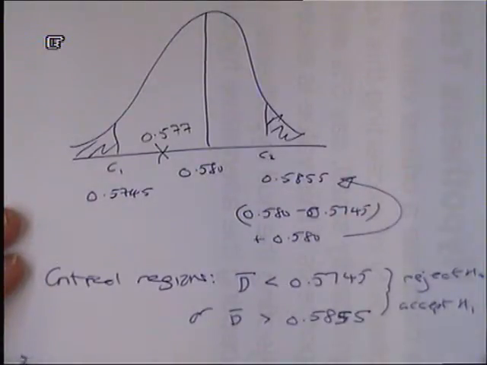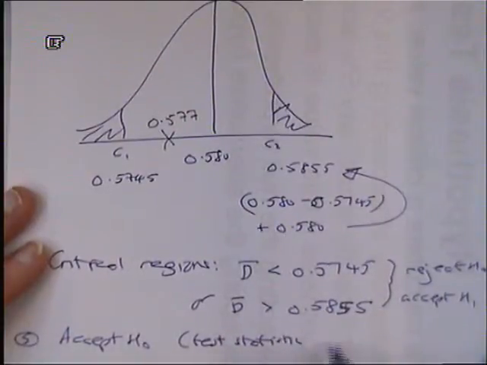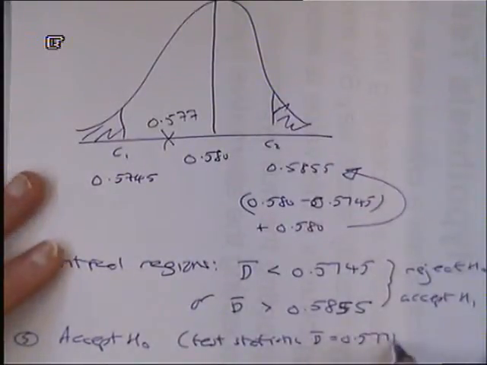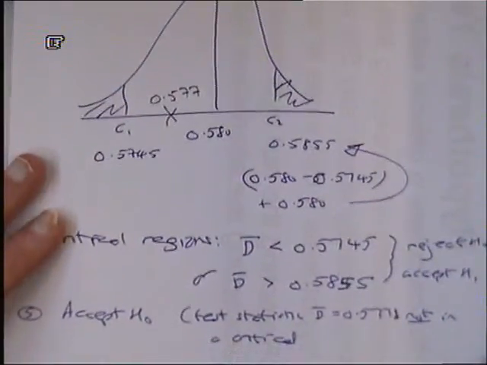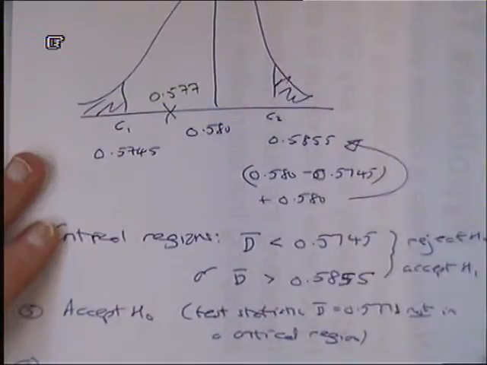So step 5, the decision: we will accept H0 because our test statistic was not in the tail, or either tail. The test statistic D bar, which was 0.577, was not in a critical region. And then step 6, putting it into words.